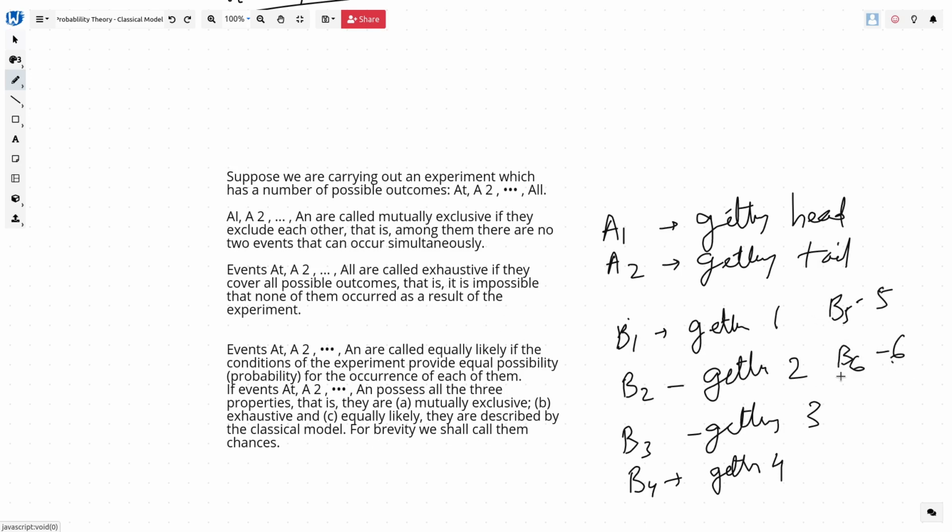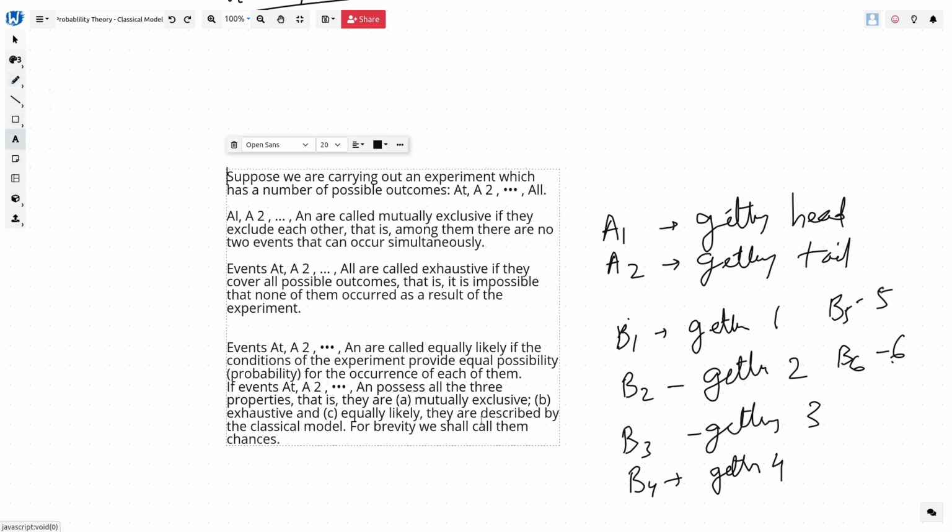These are mutually exclusive because 1 and 2 cannot come together. It will be either 1 or 2. Now these are the only possible outcomes of an event when you roll a dice. So this set of events is completely exhaustive. Similarly, we write the third condition. Okay, so here is the third condition.